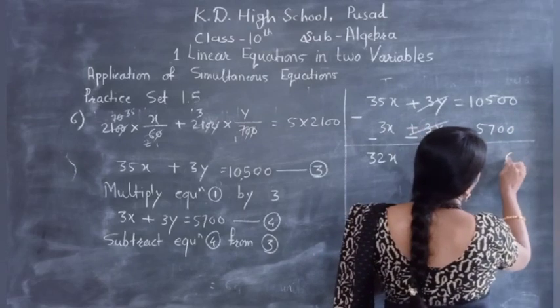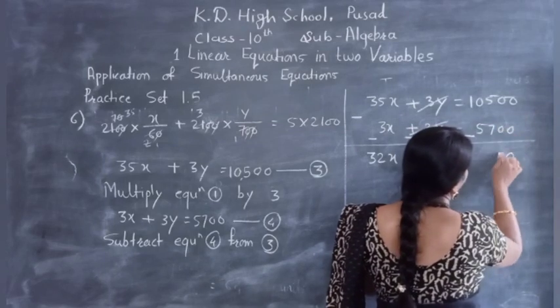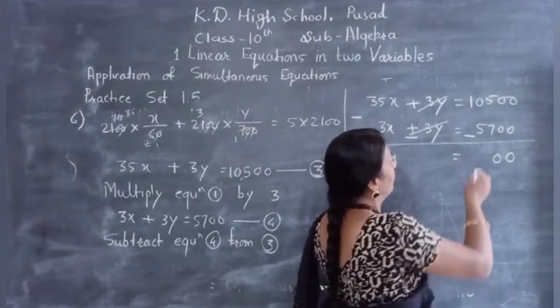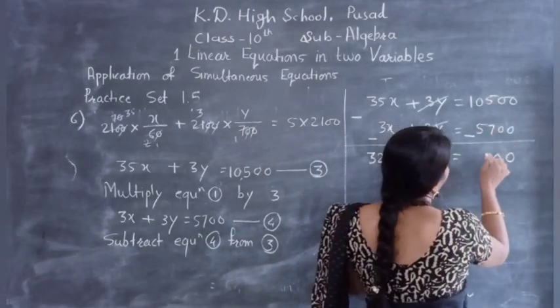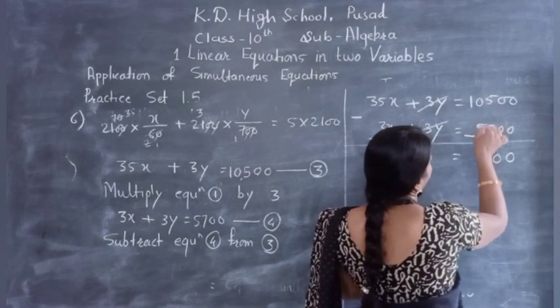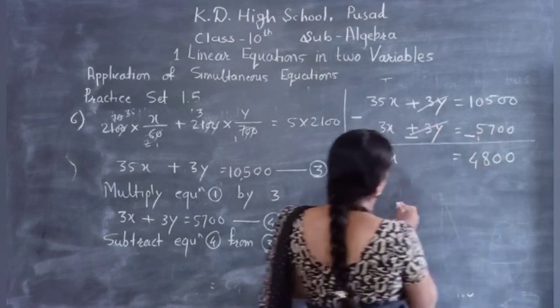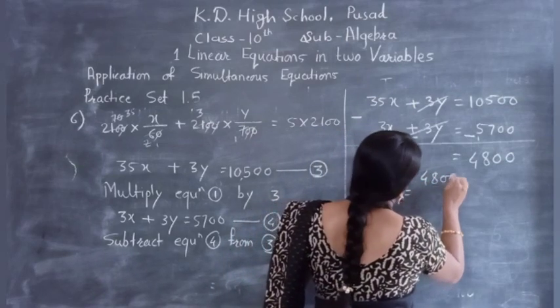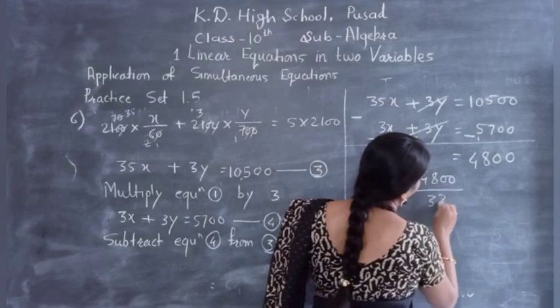So 0 minus 0, 0, 0 minus 0, again 0. 5 minus 7 not possible. So 15 minus 7, that is 8. Then 10 minus 6, 4. x is equal to 4,800 divided by 32.